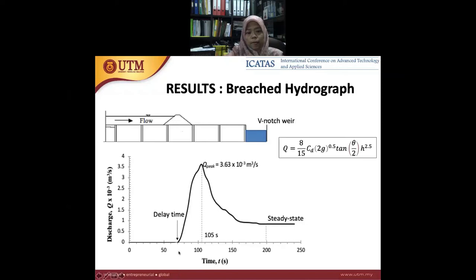The peak discharge that we obtained is 3.63 times 10 to the power minus 3 cubic meters per second, and it takes about 35 seconds to reach the peak. The flow then decreases rapidly until it reaches a steady state condition for around 20 seconds.